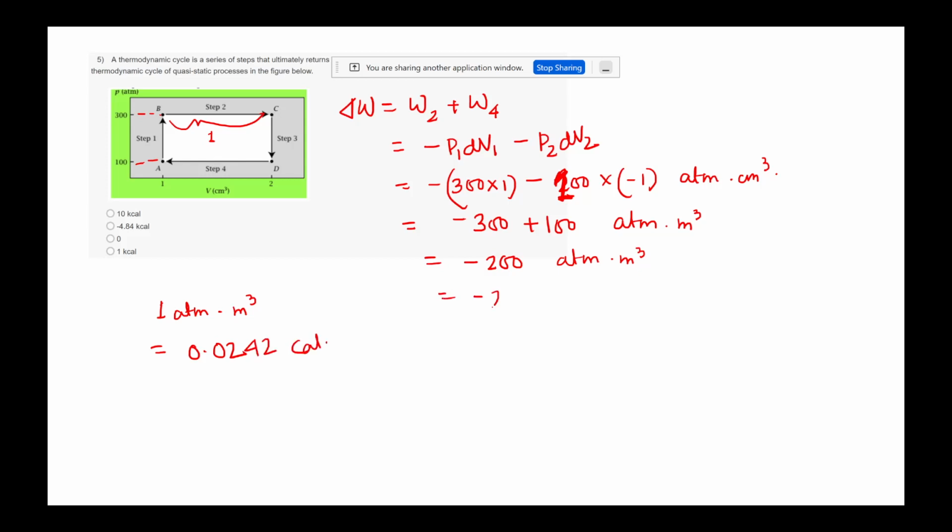If you multiply that by 0.0242 calorie, then you get minus 4.84 calorie, right? So this all will be calorie. This is the correct option. Okay.